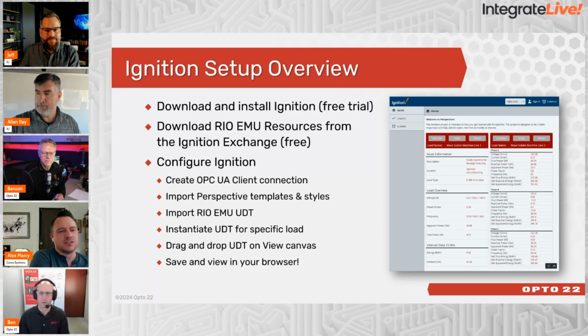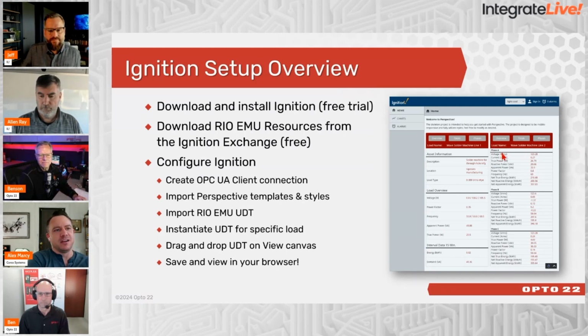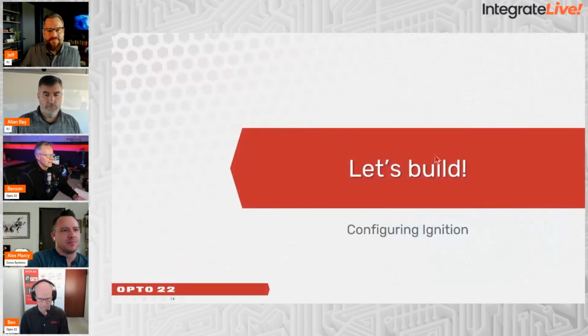We'll create an instance for the wave solder line 1 machine, and drag and drop that to create a screen. And then Benson will probably throw in an additional compressor device that we've also got configured already, to show how quickly you can replicate this for additional loads once you've done the work to set it up in Ignition. So we'll dive in from there.